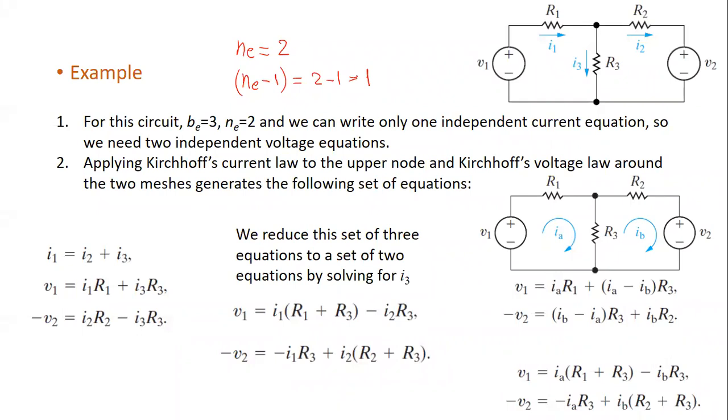So the number of equations should be equal to the number of unknowns. Otherwise, the system will not be solved, no matter if it is circuit analysis or any other engineering or mathematical problem. So here I need 3 equations. Once I have 3 variables, then I need 3 equations.